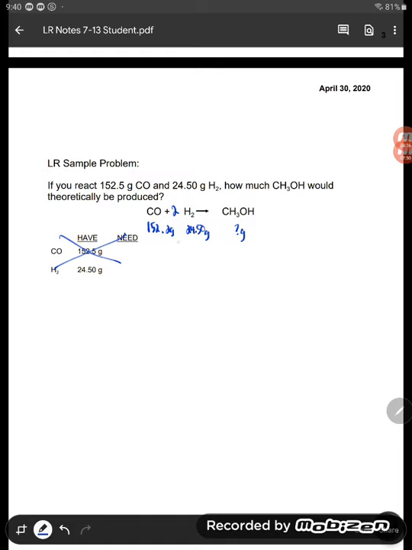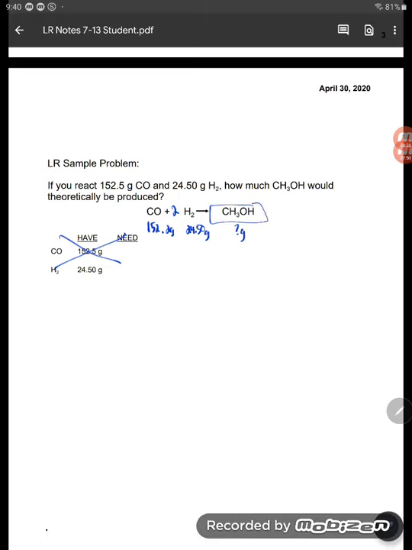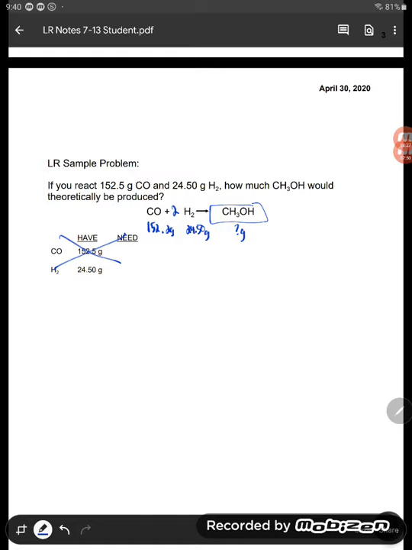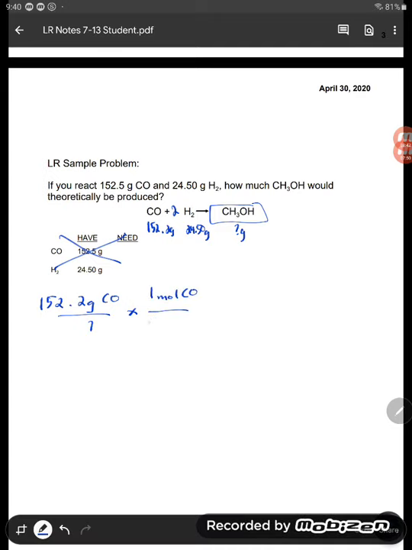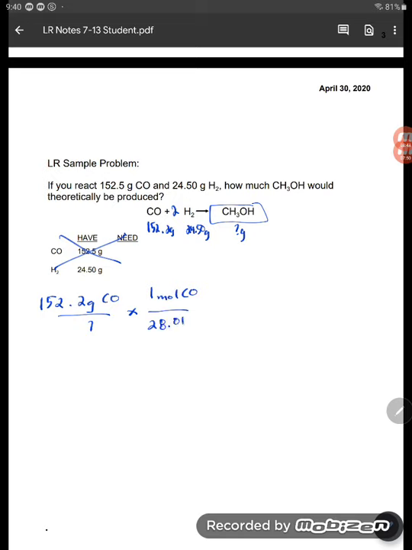Instead, in order to figure out which one's my limiting and which one's my excess, I'm going to convert both reactants to this CH3OH. And again, what that's going to tell me is which one creates a lesser amount, and that would be my limiting. So 152.2 grams of CO, 28.01 grams of CO. My units cancel.